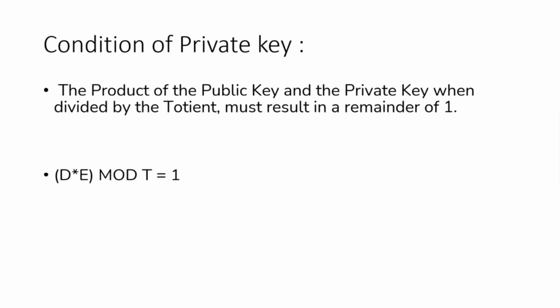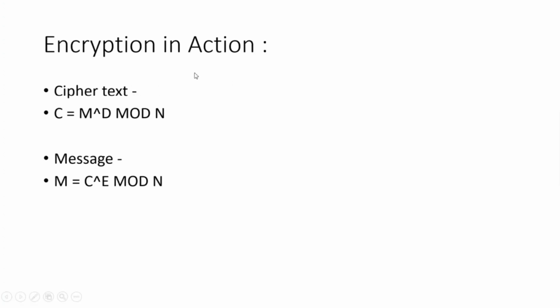Now that we have done the math of this, let's get right into encryption and decryption. So the formula is as such, where ciphertext is equal to message, where m is message, raised to D, that is private key, mod n.